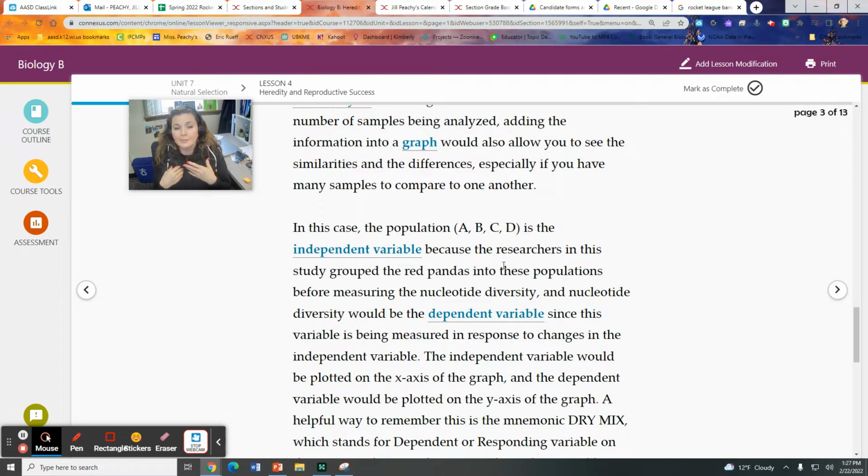The dependent variable is what happens as a result. So the diversity in nucleotides, the actual SNPs that I count. I can't have any effect on that, but the populations that I choose determine how many SNPs there are going to be, right? So that's our dependent variable. The dependent variable is also sometimes called the responding variable.